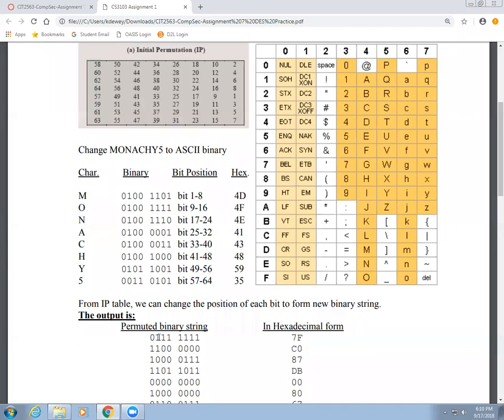It's right here, that second one right there. So 50 goes into 2. And 58, this 0, goes into 1, and so on and so forth.